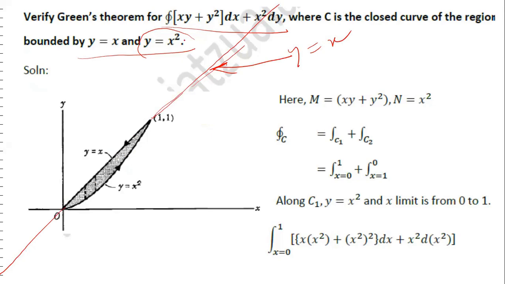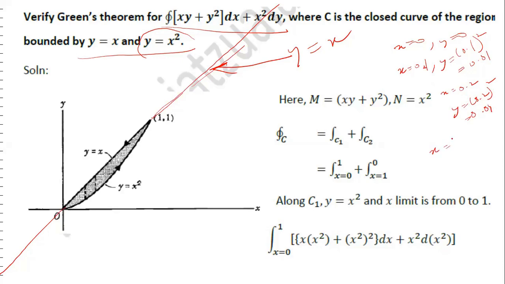Now what is y equal to x square? Here at x equal to 0, y value is 0. At x equal to 0.1, x square means 0.1 squared, this will be 0.01. At x equal to 0.2, y value is 0.2 squared, that is 0.04.